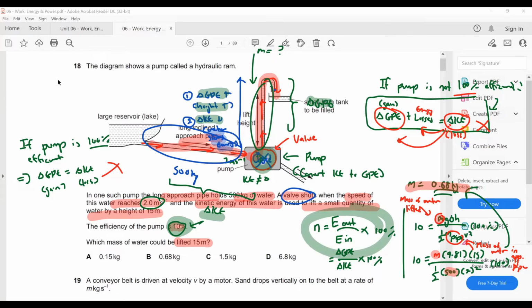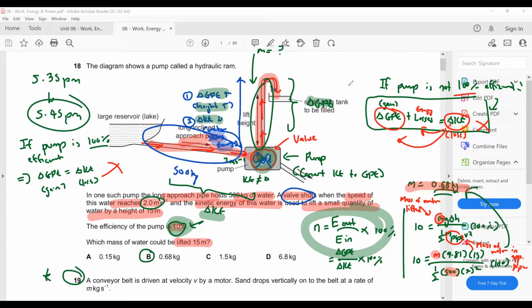All right. So far, so good. Okay, so the answer is B. All right, 0.68 kg. Okay, right. We continue on to the next question.